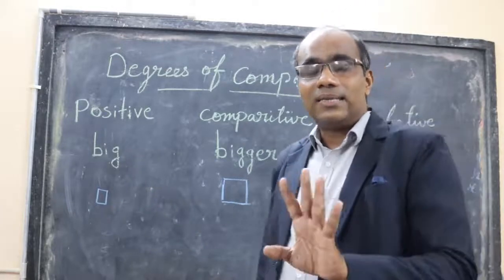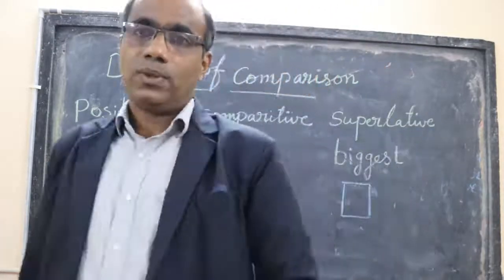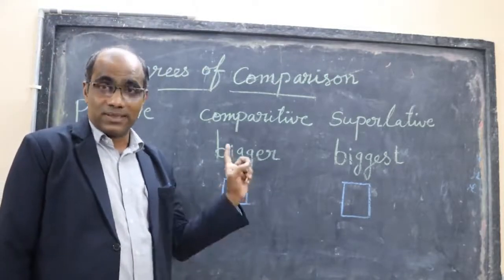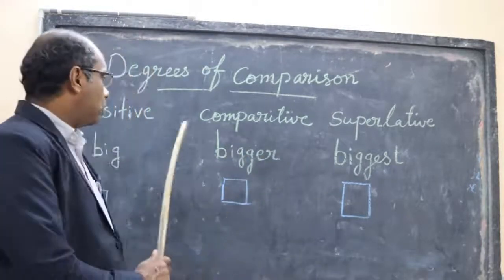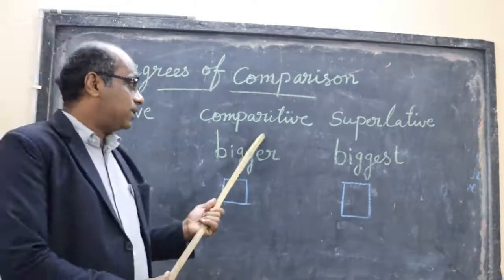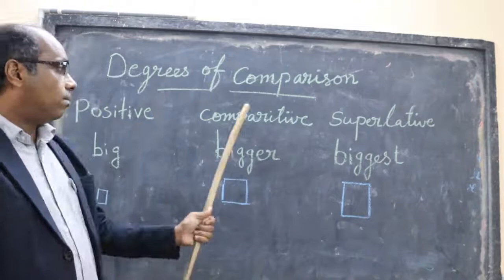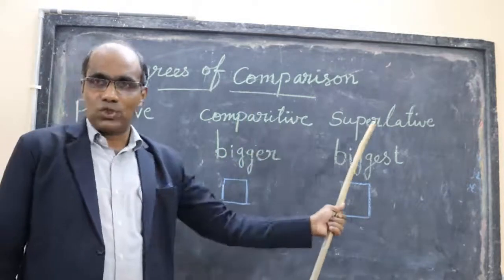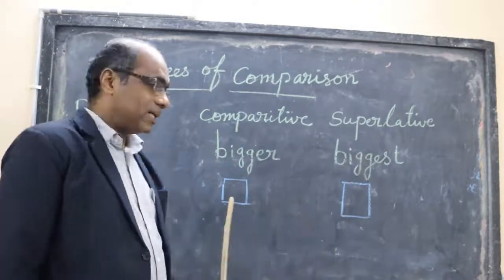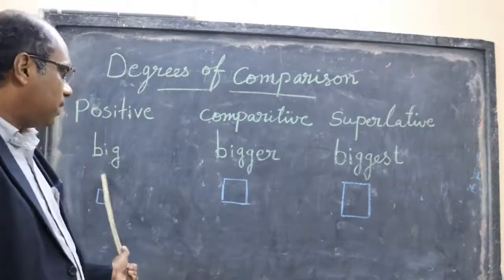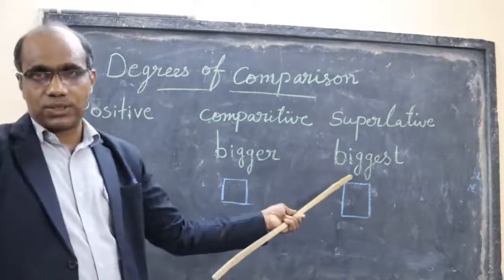There are three kinds of comparisons: positive, comparative, and superlative. Please look at the board here now. Three words I have written: big, bigger, and biggest.